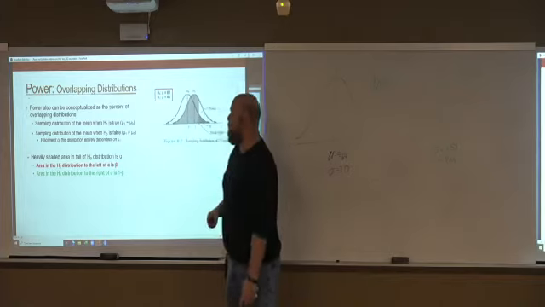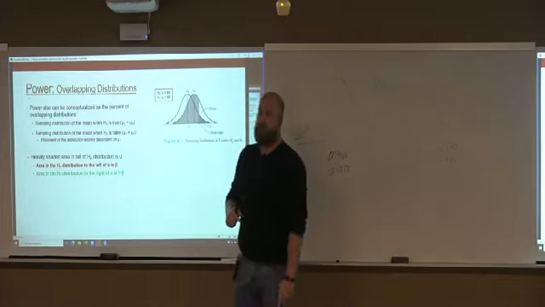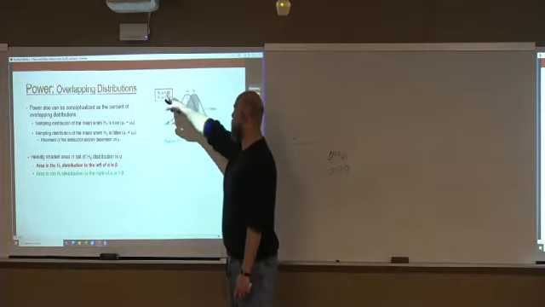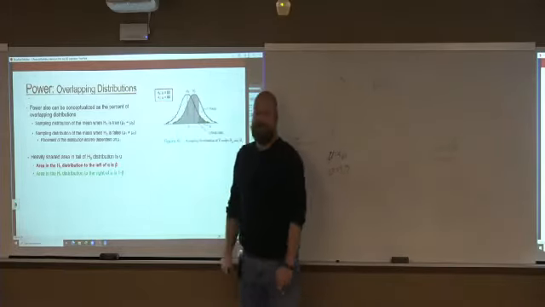But if we take a look at the sampling distribution of the mean when the null hypothesis is false, let's say under the null hypothesis, our population mean is 80. Under the alternative, the actual population mean is 86.